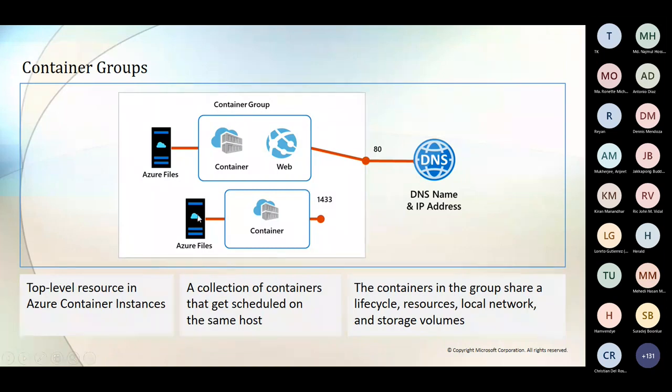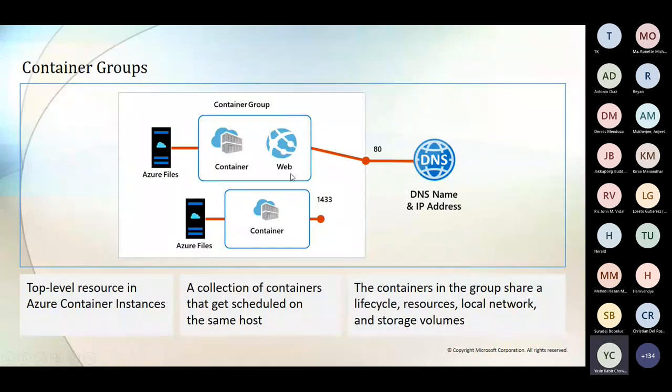The same host can schedule four ports: one is port 80, another is 1433. Suppose the DNS name is total.net. Total.net colon 80 goes to one container, and total.net colon 1433 goes to the other. The container group shares a life cycle, resources, local network, and storage volumes, no problem.